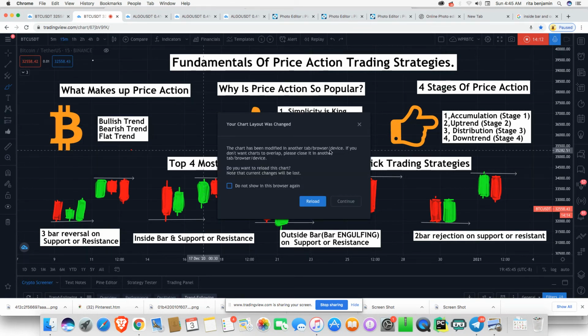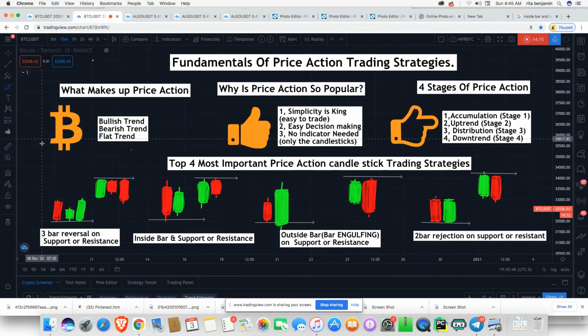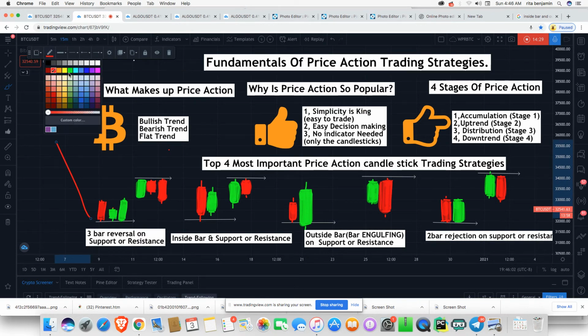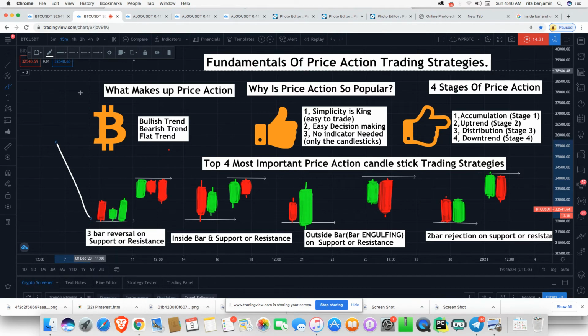candlestick pattern, right? The 3-bar reversal is both bullish and bearish, right? So this is the bullish 3-bar reversal and this is the bearish 3-bar reversal. How this 3-bar reversal works is that price was in a downtrend, right?